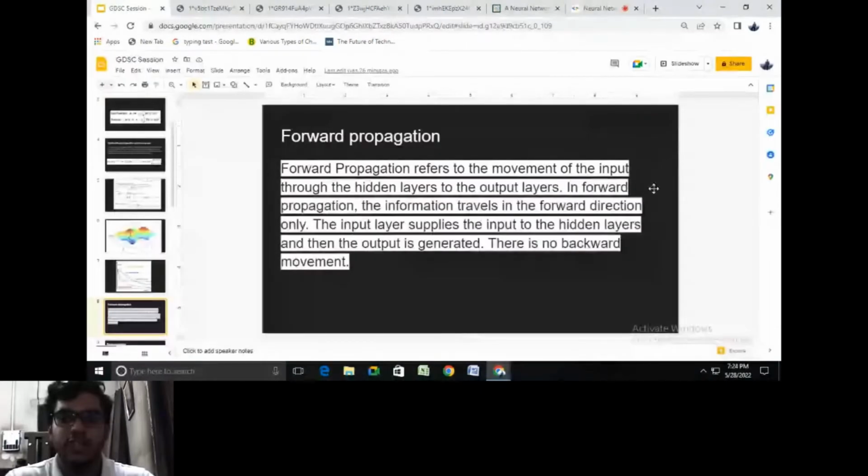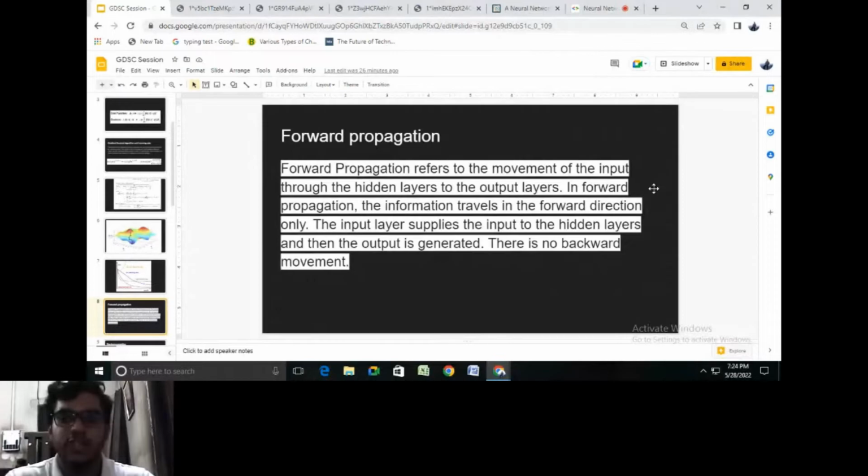We have some inputs, then the inputs along with the parameters go into some function which does some calculation. That function is called the activation function, and then it gives the output. So this happens in neural networks from one layer to another.